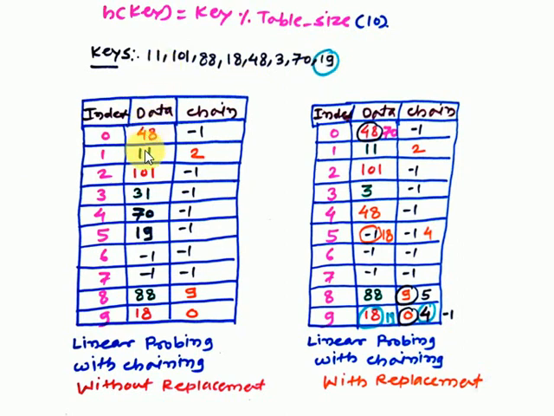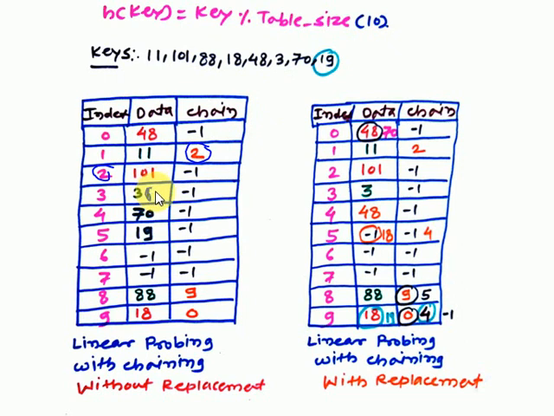First I inserted 11, then I inserted 101. For 101 we have the second index, but the index is actually 1, so we are giving the second index here, because after 11, 101 is at the second index. Next is 31. Actually, it's not a 31, it is basically a 3.